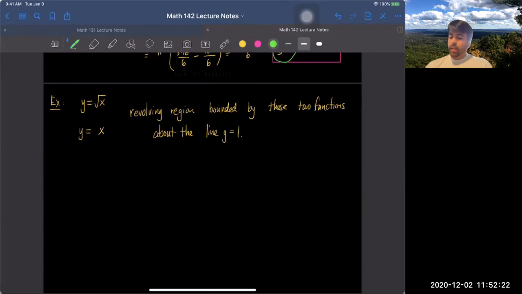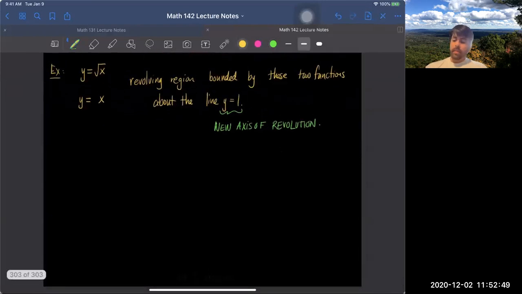So this here is the new axis of revolution. It's no longer the x-axis and no longer the y-axis. But again, the idea is the same.